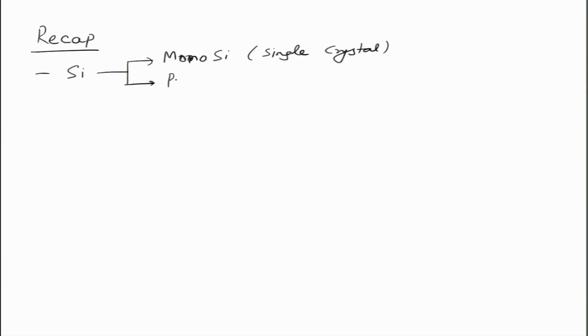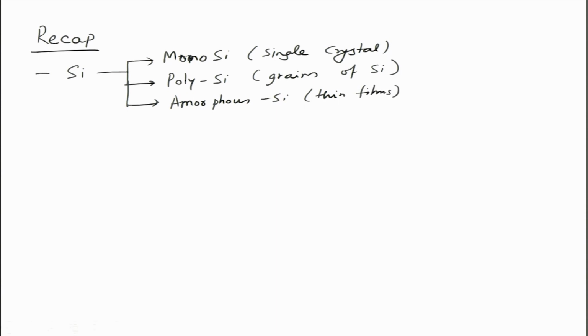Then we have polysilicon, polycrystalline silicon, where you have grains of silicon quite bigger than the thickness of the device, and then we have amorphous silicon. These are three major technologies present in the market, and these are thin films.